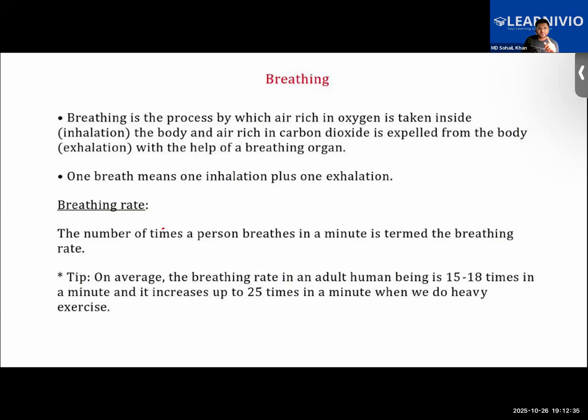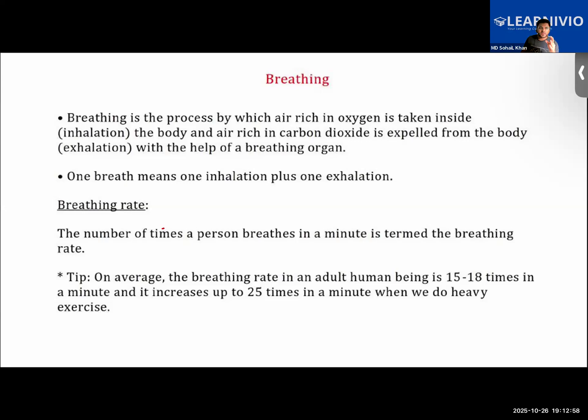See, breathing is simply a physical process. It involves lungs, nostrils, trachea, etc. In this process, energy is not released directly. Right now, when we are breathing, we are not getting energy in this process. It involves inhalation and exhalation.